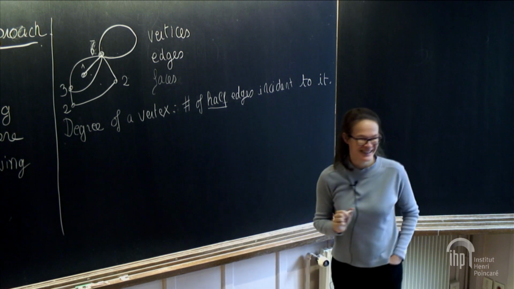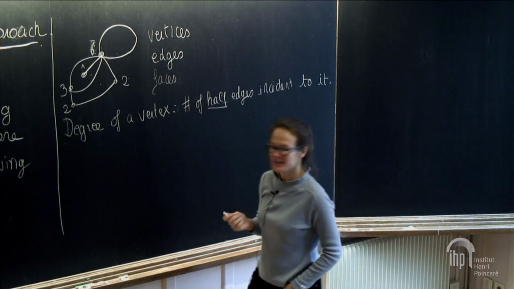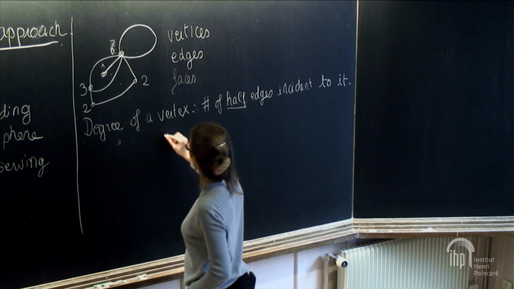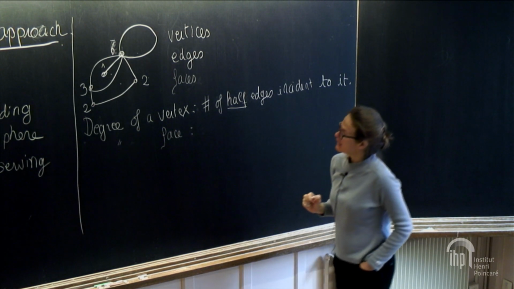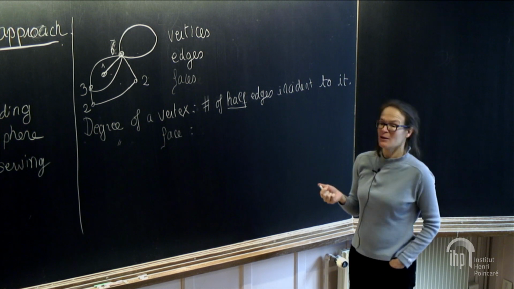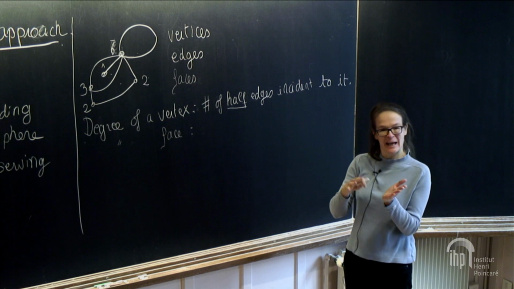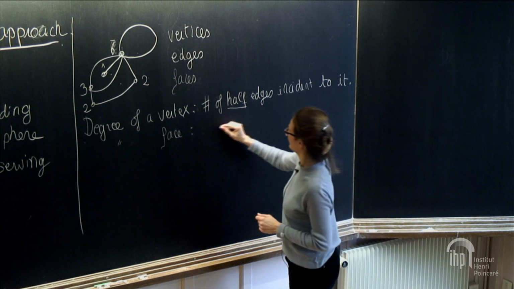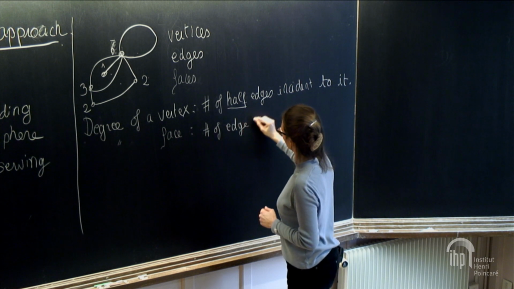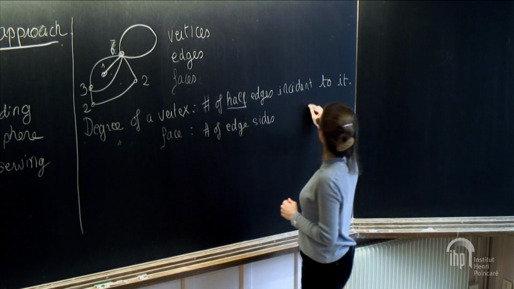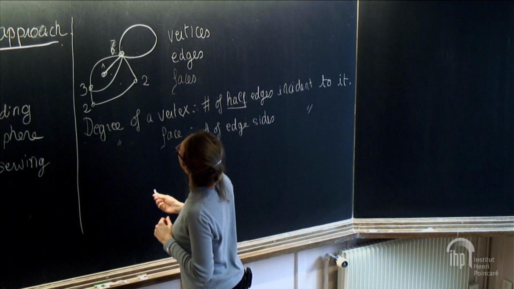No, not yet. Okay, so not only vertices have degrees, but faces have degree as well. And the degree of the face is the number of, well, edges or half edges, but say edge sides, incident to it. So what do I mean by an edge side?